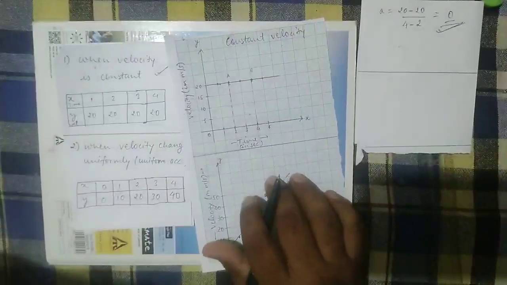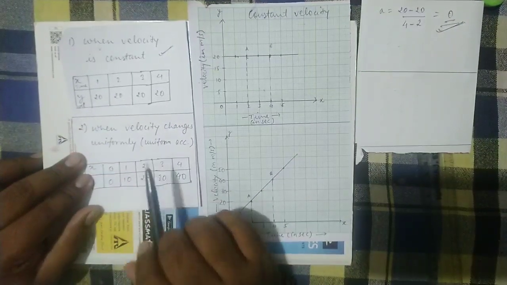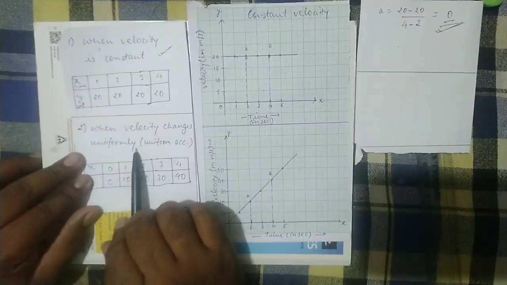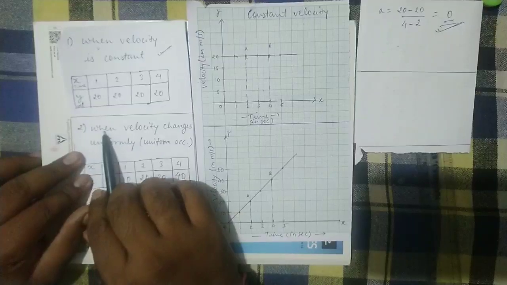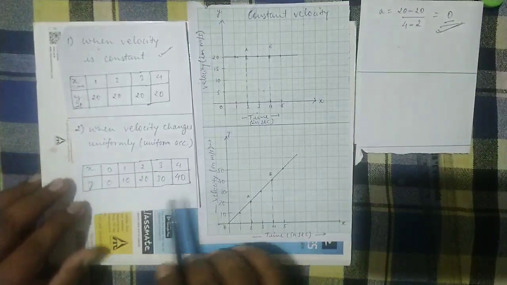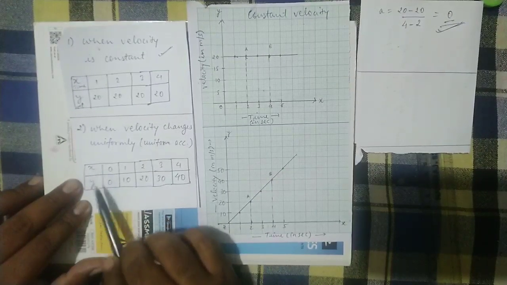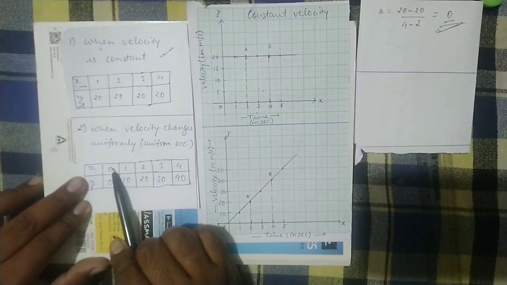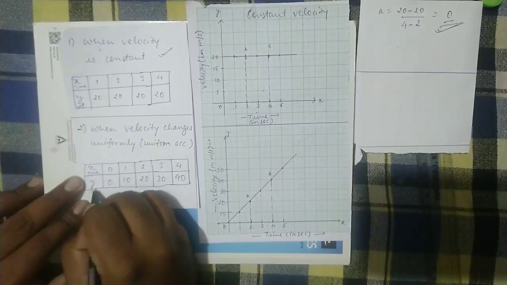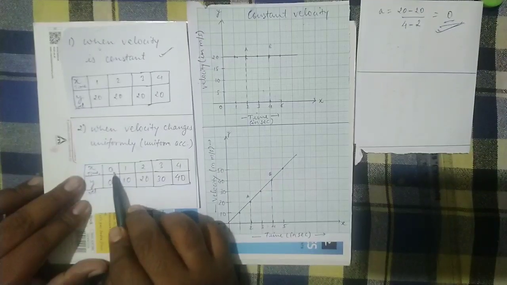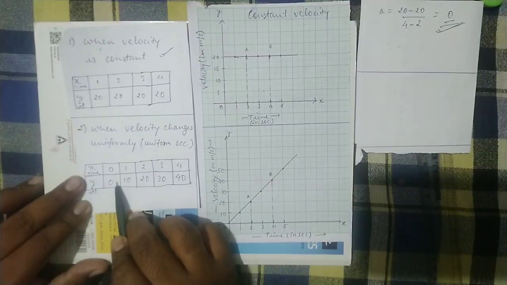Now we will see the next case, when velocity changes uniformly. When velocity changes uniformly, this is also a case of uniform acceleration. We will see after calculation. We have made a chart for the same. At time 0 seconds, the velocity of the vehicle was also 0 meters per second.